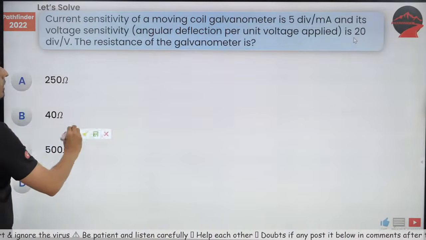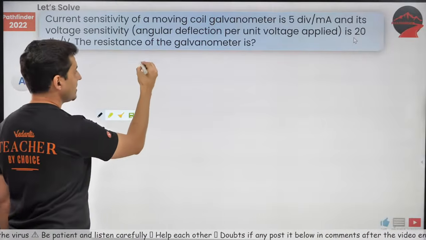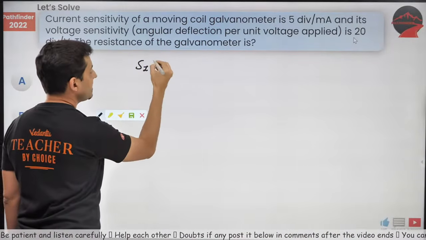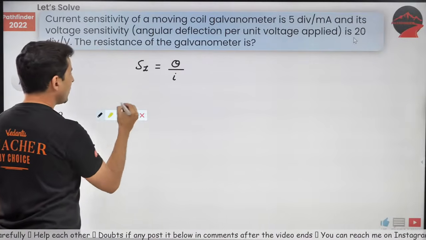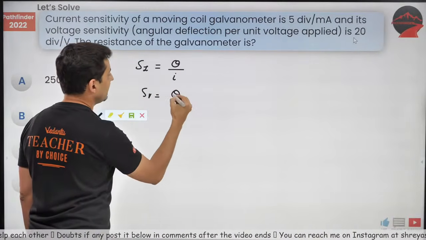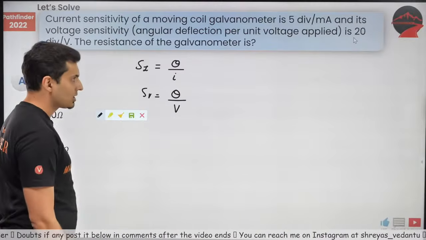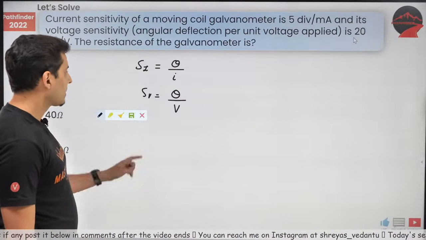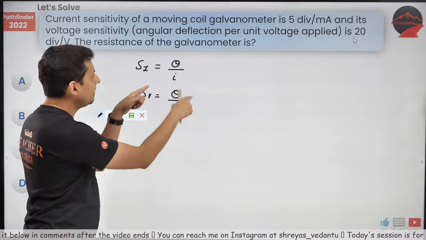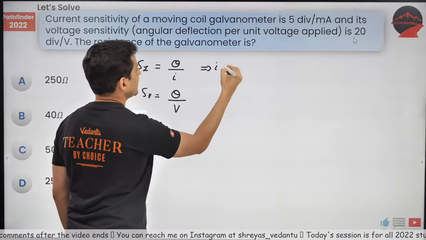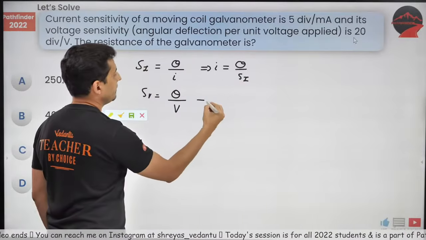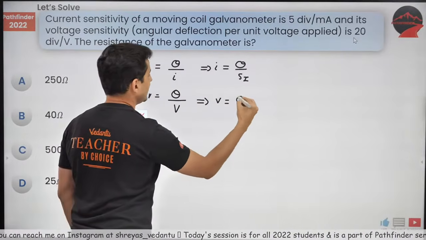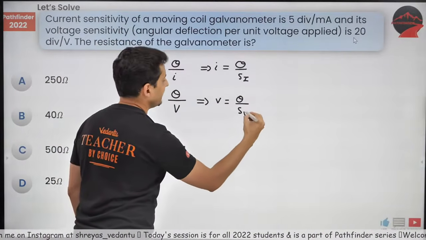See, current sensitivity means the angle by which it deflects per unit current. Voltage sensitivity means the angle by which it deflects per unit voltage, right? That's what it is. Now, from this, what I get is current is theta by SI, and from this voltage is theta by SV.